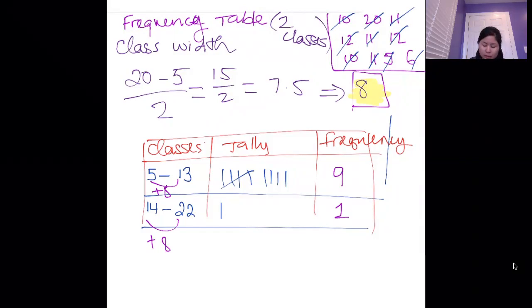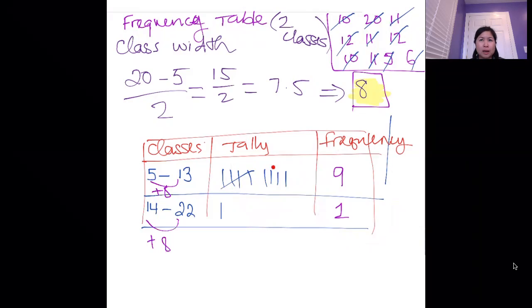The tally is for you to count the number of data entries, because it's really hard to remember how many times each data entry appears. So what you do is you make the tally. It's tedious, but it helps you get the final values.